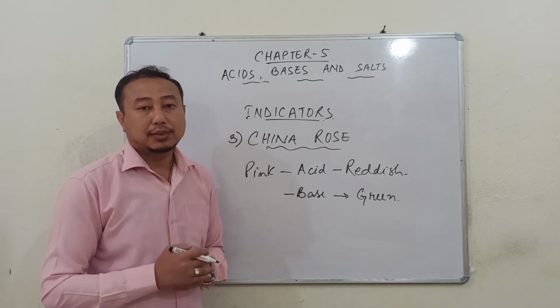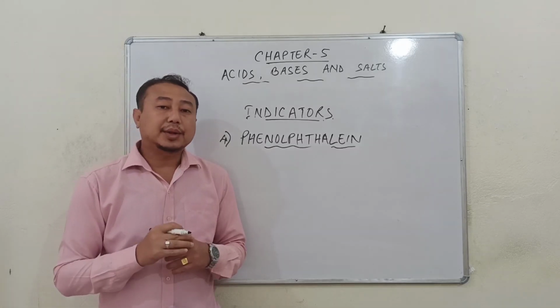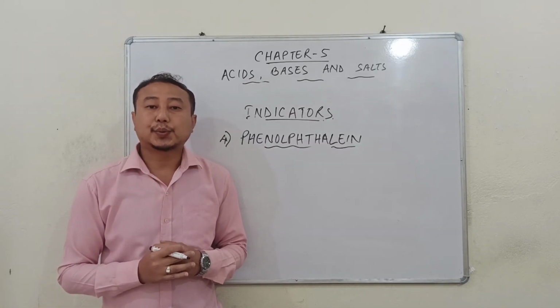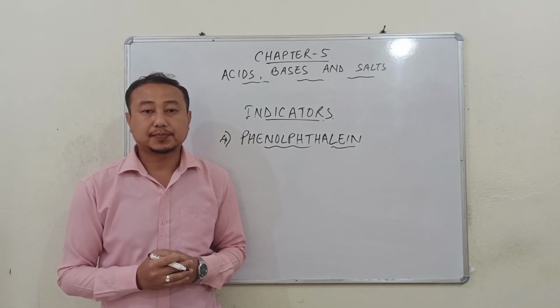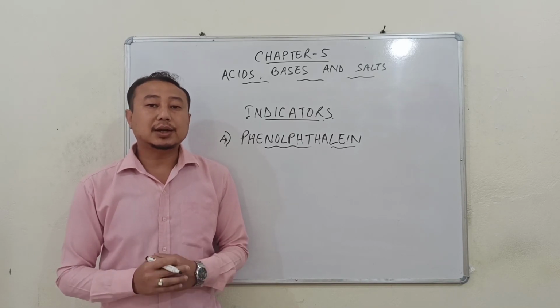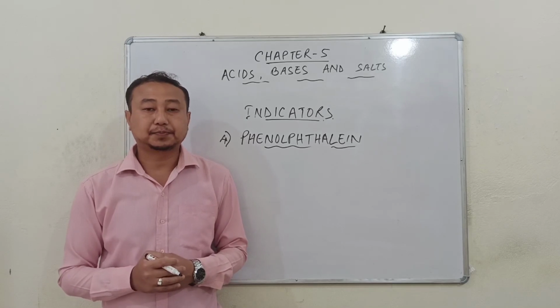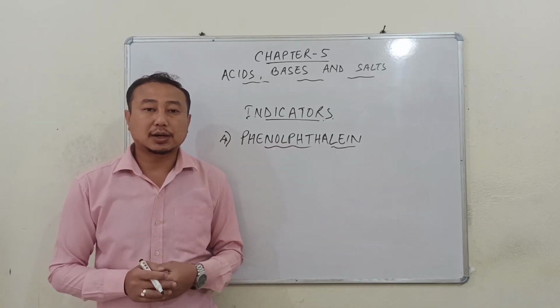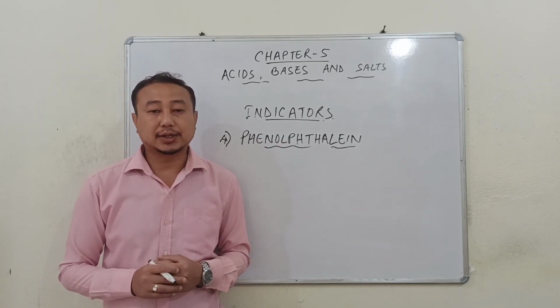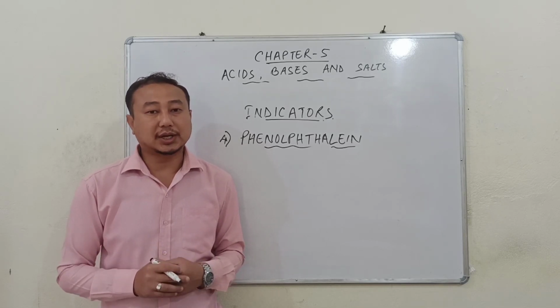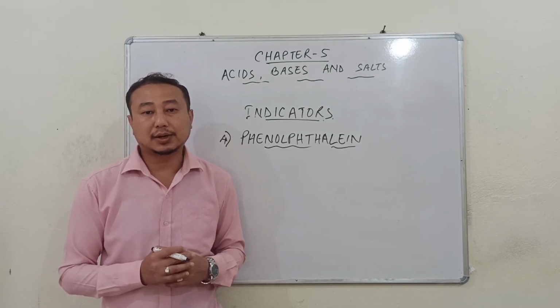Now, let's come to the next indicator. The next indicator is a chemical indicator, which we call phenolphthalein. Phenolphthalein is a colorless liquid, just like water. This phenolphthalein, which is colorless, when it is mixed with an acid, doesn't have any effect on its color, meaning it remains colorless.